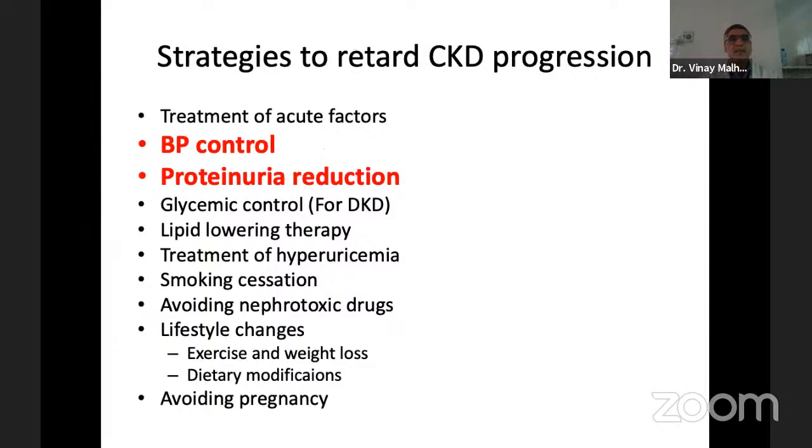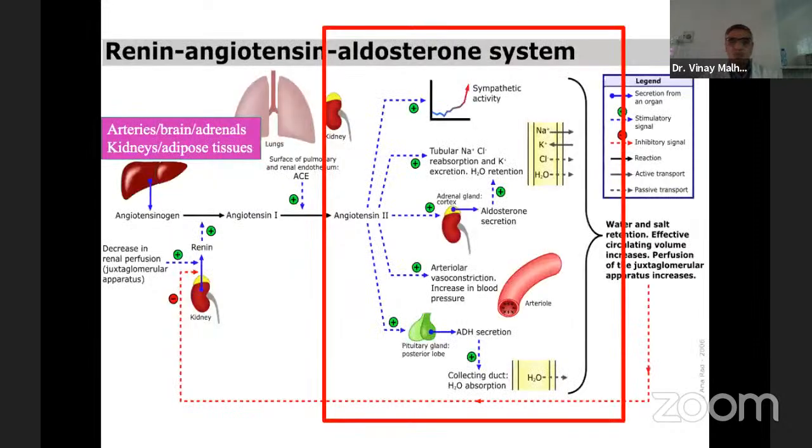Then blood pressure control is very important in these patients because we know uncontrolled blood pressure will further lead to progression of disease. If we look at the renin-angiotensin-aldosterone system in the kidney, angiotensinogen goes to angiotensin 1, acted upon by ACE, leads to angiotensin 2, and angiotensin 2 is known as the murderer molecule. This will lead to sympathetic activity.